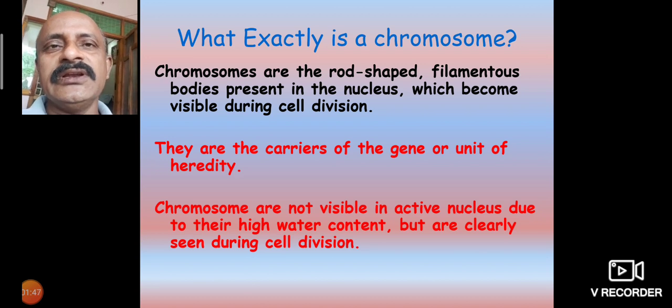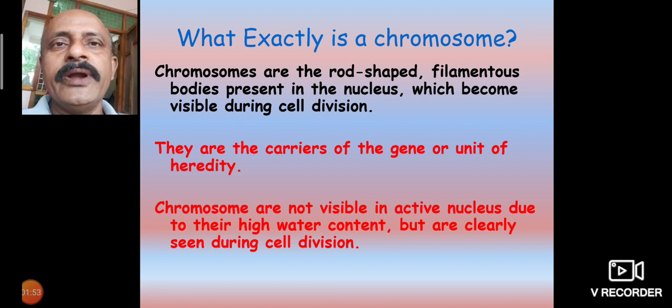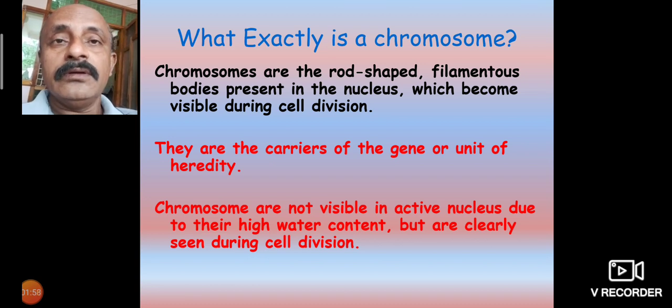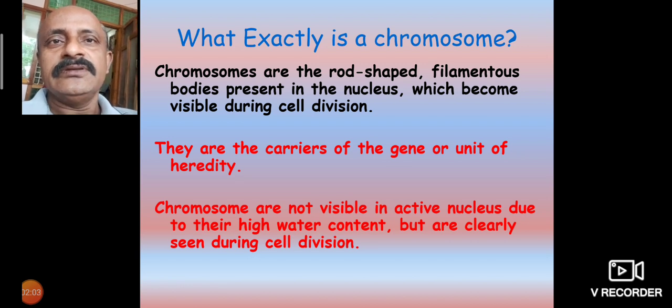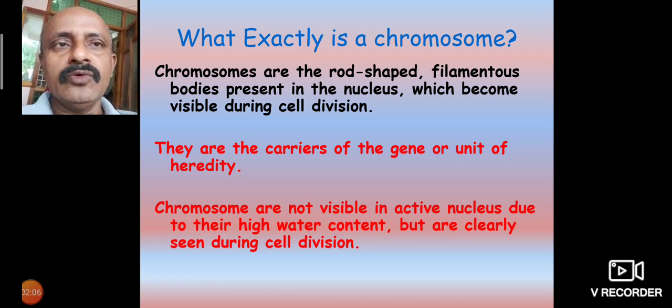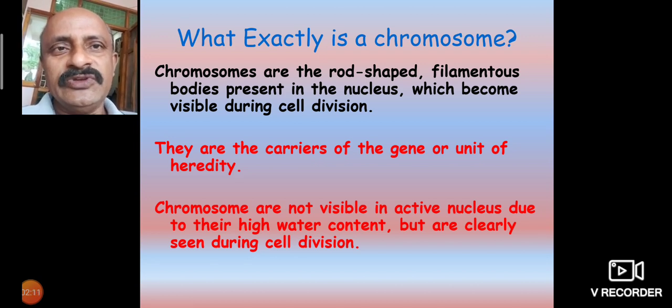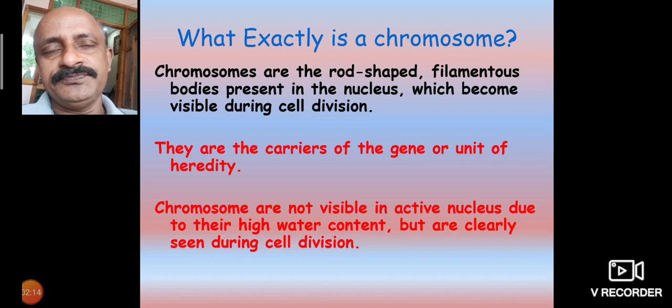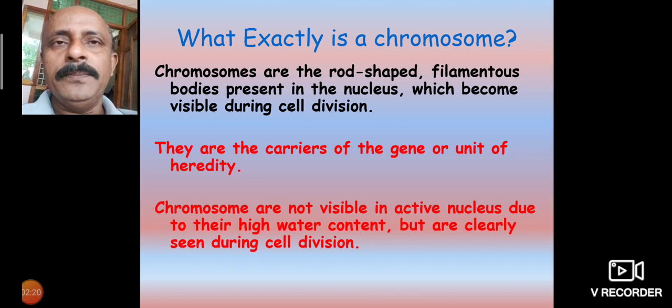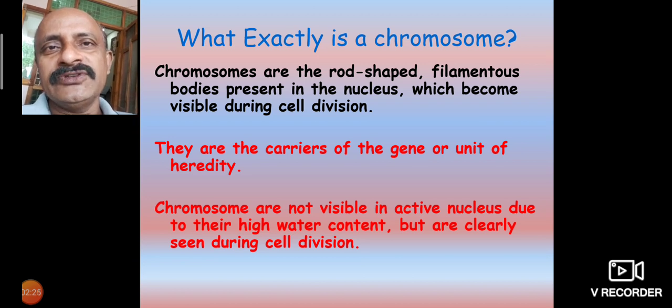The nucleus is divided into the nucleoplasm, chromatin bodies, nucleolus, and nuclear membrane. But the chromatin bodies have the chromosomes. Chromosomes are rod-shaped filamentous bodies present in the nucleus, which become visible during cell division. During cell division they can be seen in the metaphase or anaphase, two phases of cell division.